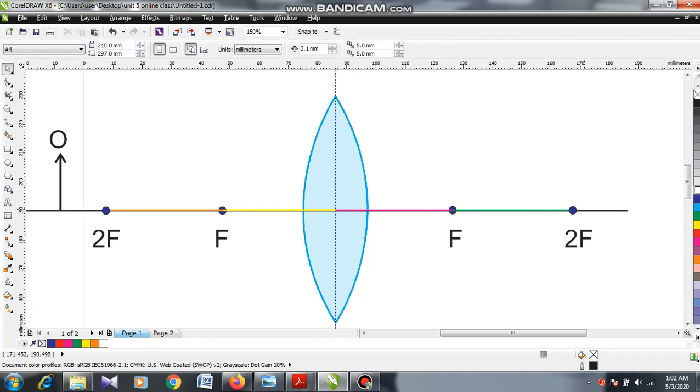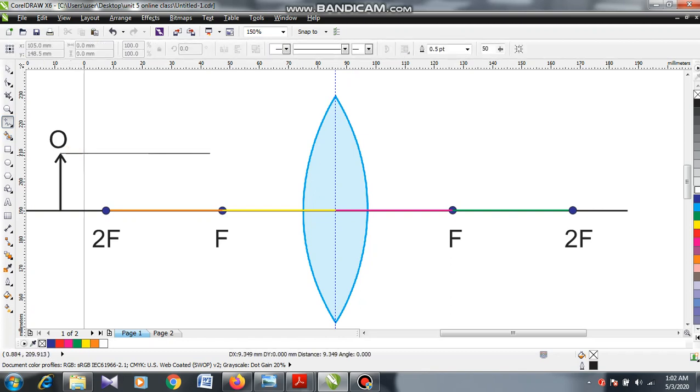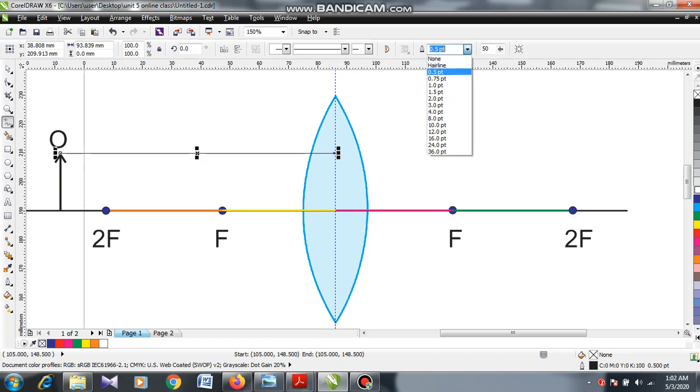It's an easy job. From the head, you draw a light ray parallel to the principal axis. You will draw it up to the optical axis.